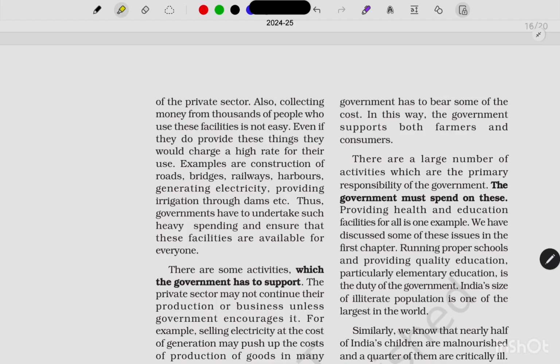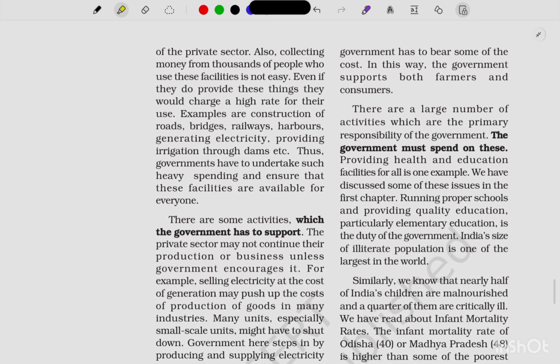So, examples are construction of roads, bridges, railways, harbors, generating electricity, providing irrigation through dams, etc. Thus, governments have to undertake such heavy spending and ensure that these facilities are available for everyone.